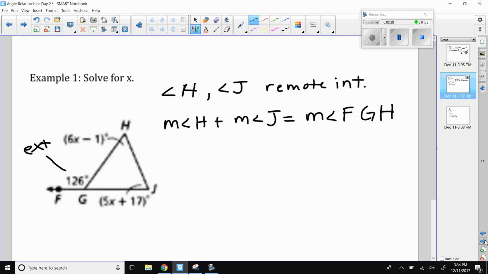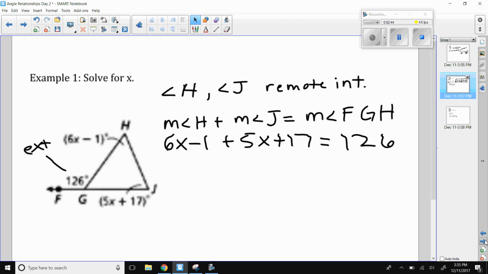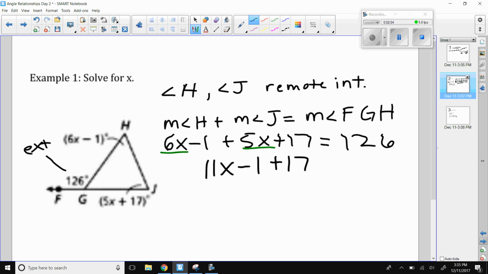So using substitution, we end up with 6x minus 1 plus 5x plus 17 equal to 126. Now we're looking to solve for x. I want to combine my like terms, and I'll have 11x minus 1 plus 17 equals 126.